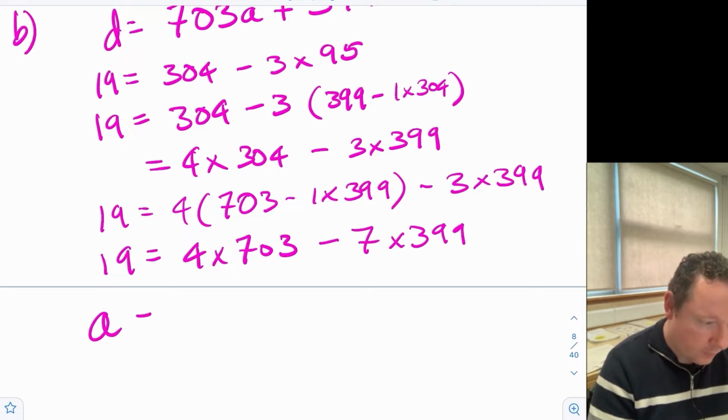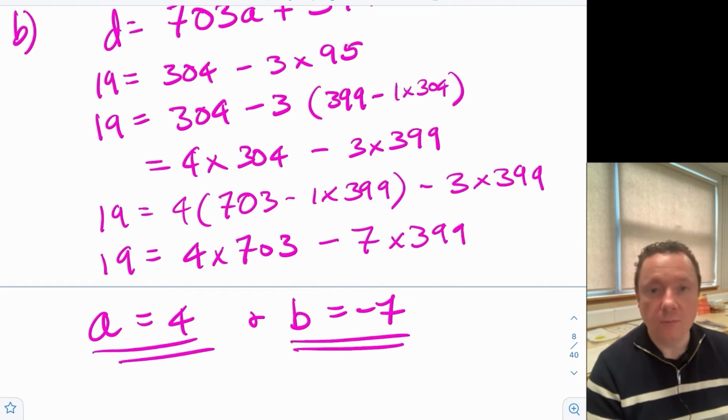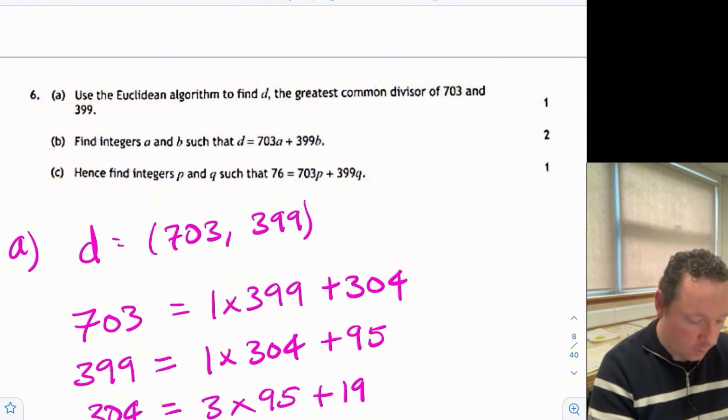So A is equal to 4 and B is equal to minus 7. And we're done there.